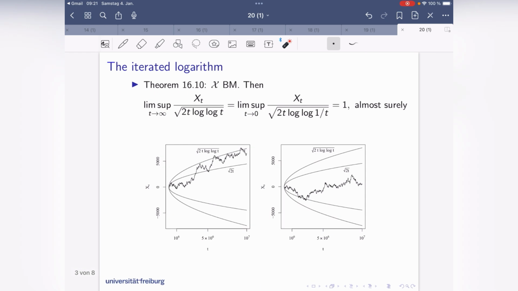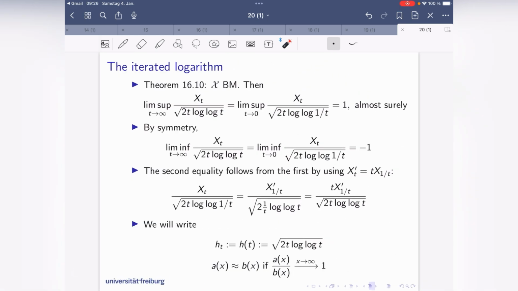What I did not say, but that's in the law here, is that I have a lim sup as t goes to infinity, but I also have a lim sup for t goes to 0. So how does Brownian motion come out of 0 here, such that I also have a 1 here? But actually, we already saw that we can translate results on Brownian motion for t going to infinity to results on Brownian motion for t going to 0. That's a property that we already know.